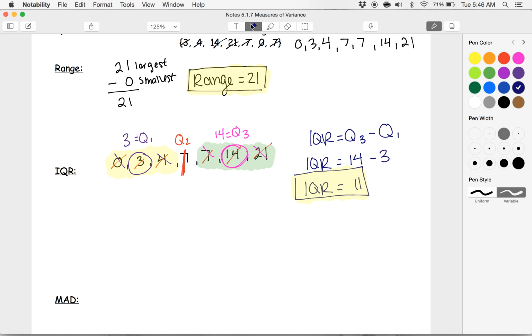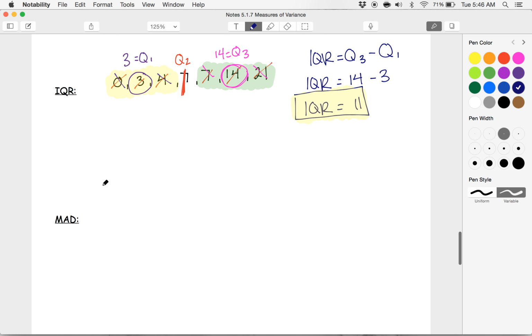All right, last example. We need to find the MAD of this data set. So we're going to start by finding the mean of our data points. 0 plus 3 plus 4 plus 7 plus 7 plus 14 plus 21.